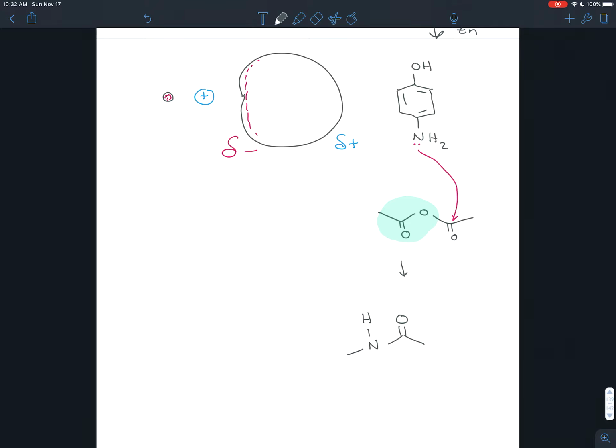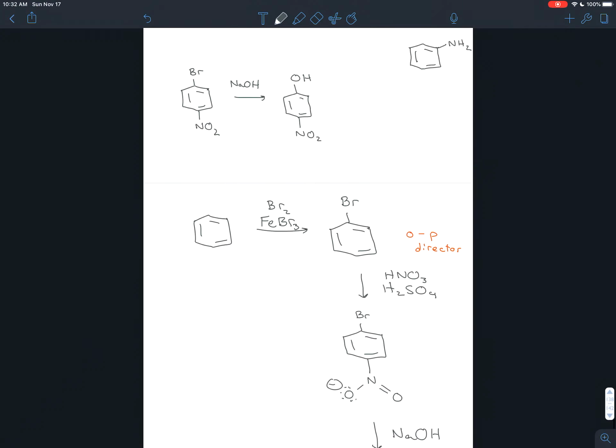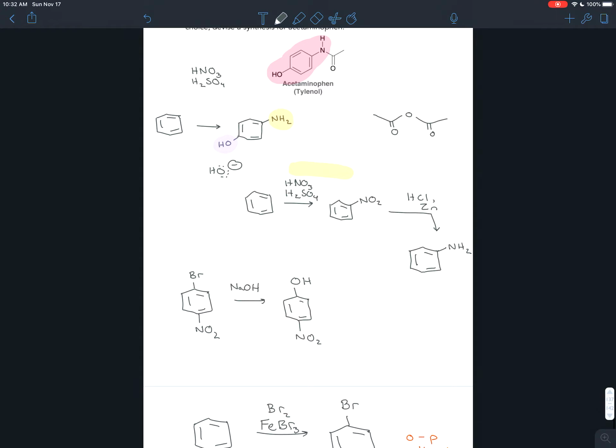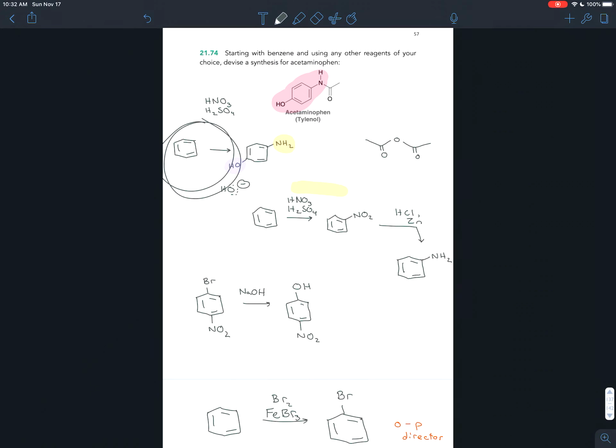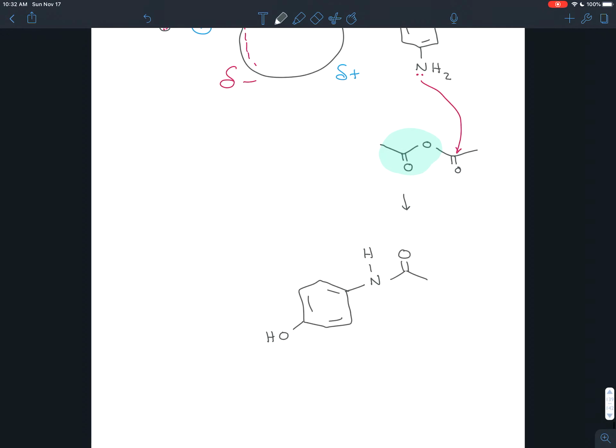And then that nitrogen is bonded to a benzene ring that has an OH on the para position. And that is Tylenol. That is acetaminophen. Acetaminophen, from the vapors of gasoline. It's kind of beautifully exciting.